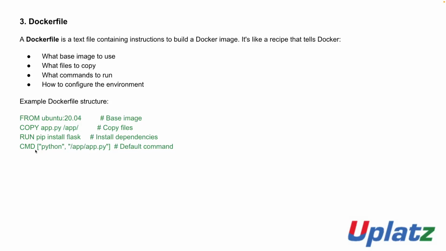This is within square brackets because this is an array of strings: "python" within quotes, comma, then "/app/app.py" within quotes. This is the default command. We shall discuss it more in future lessons.